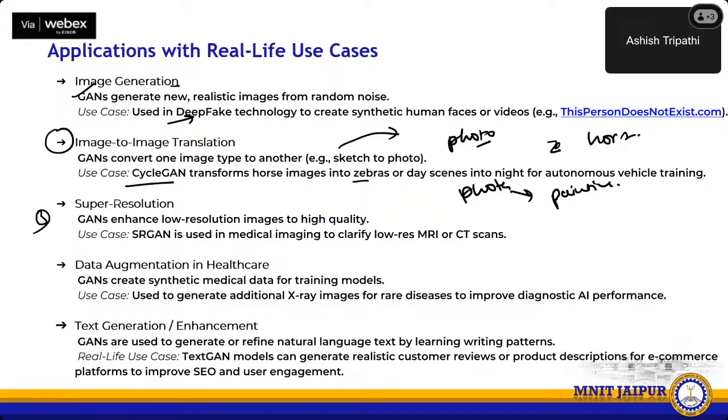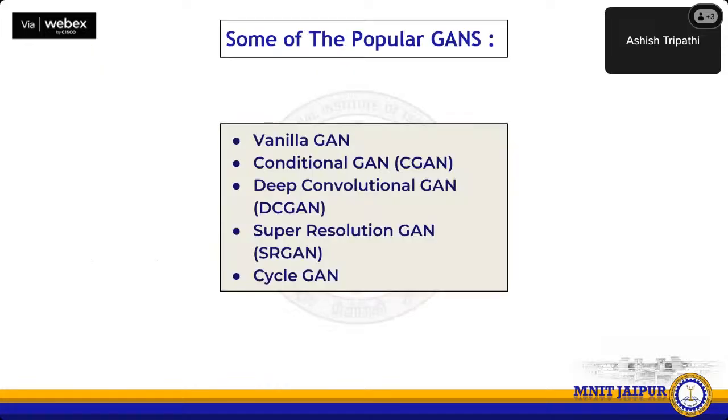A very popular application of GAN is image super resolution. We have already discussed, at the beginning of the session, one of the applications of AI: if I want to de-age an image, or convert an image from low resolution to high resolution.